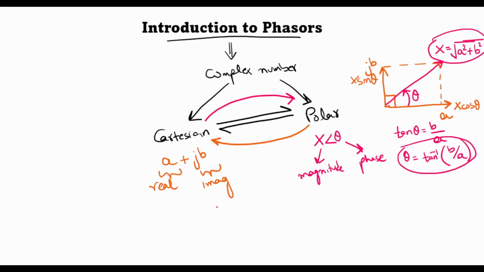Therefore we can write the real part a is equal to x times cosine of theta, and the imaginary part b can be written as x times sine of theta. So these two relations allow us to go from the polar domain back to the Cartesian domain. Now let's see how we can use these relations to perform basic operations on complex numbers.